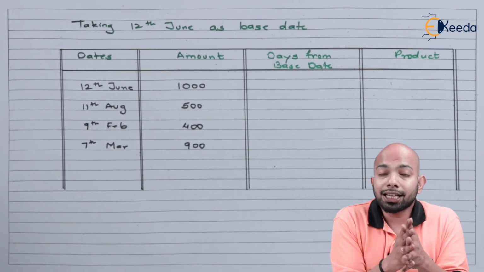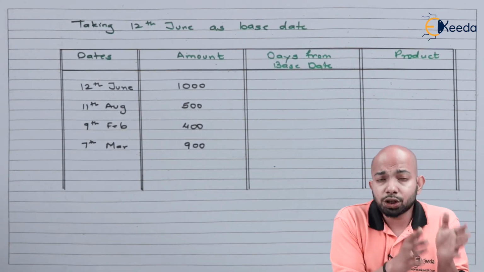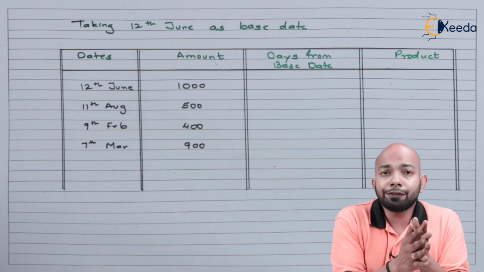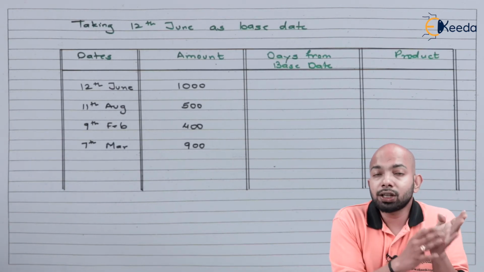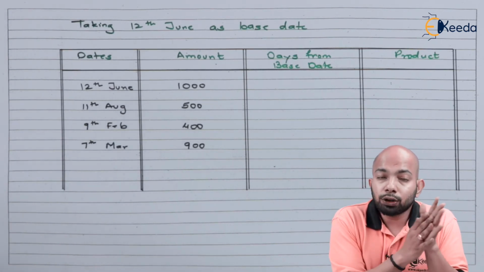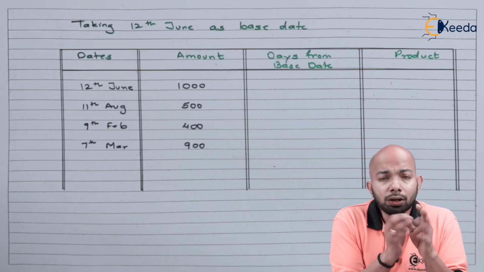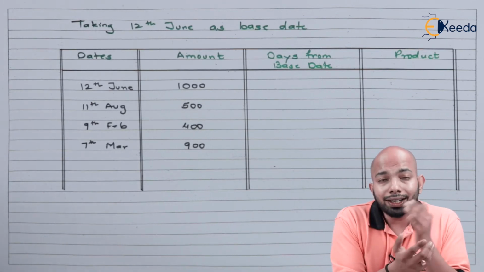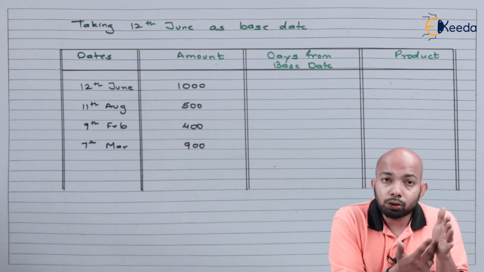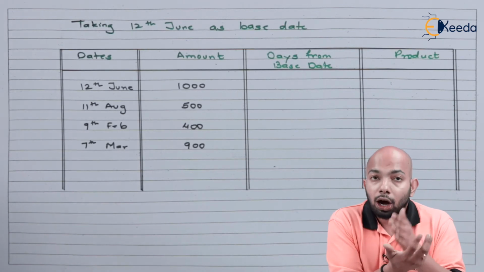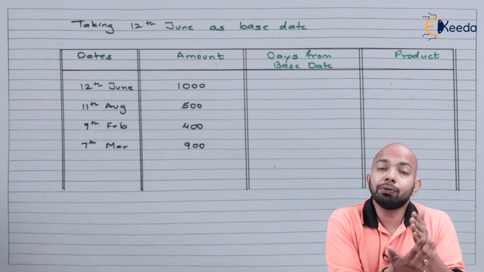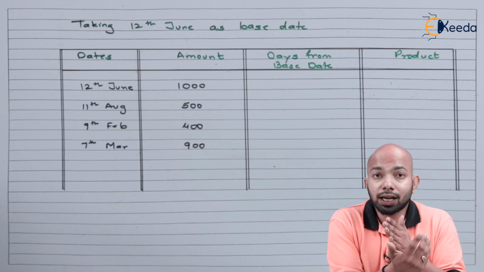We have mentioned the same columns here. The only difference is that wherever you used to take months, we have to take days now. So for the first transaction, that is 12th of June, the days will be 0. Now the next transaction will come from 12th of June until the next transaction date, how many days is what we have to consider, and we'll keep doing that until the last transaction.